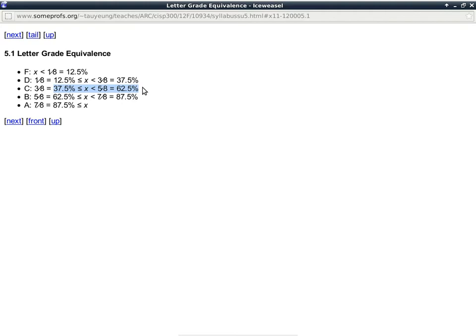"I just think that 37.5 for a C is pretty low compared to most classes out there." I have about the same grade distribution as most other classes, as most UC classes. If you count the frequency of A, B, C, D, F in this class, it is pretty much the same as an equivalent class at UC Davis.